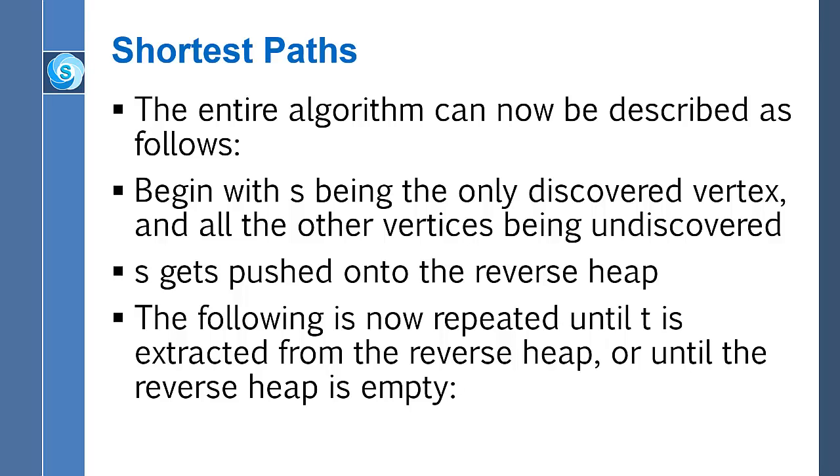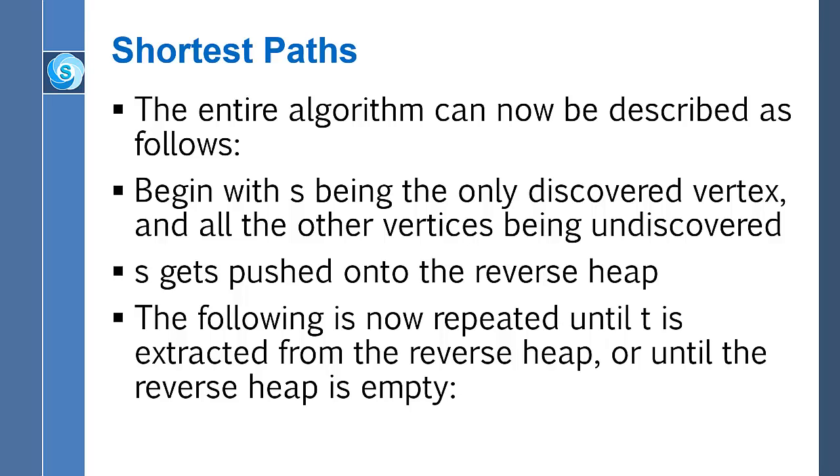If we never extract T, but we wind up with an empty heap, then we will have visited all the vertices that it is possible to reach from S. All the vertices in the same connected component as S will have been processed, and T will not have been among them, so we can conclude that T is not reachable. It's not in the same connected component.